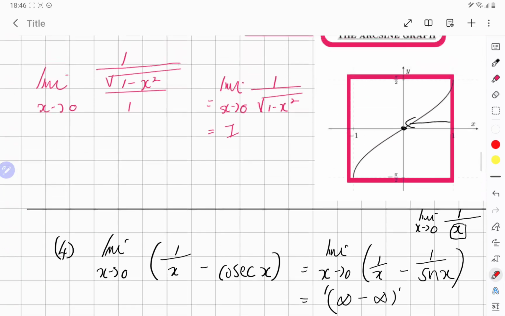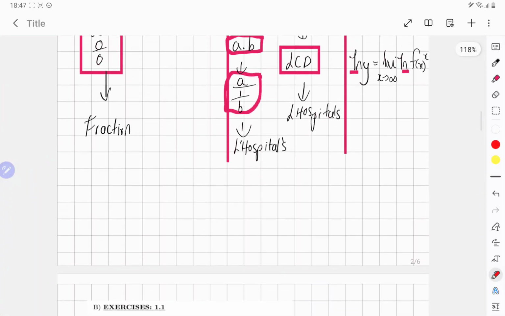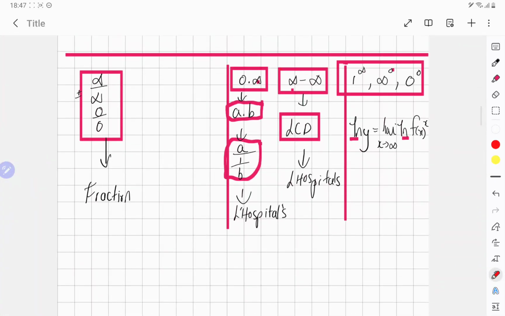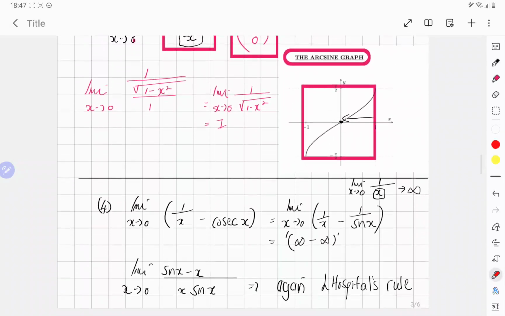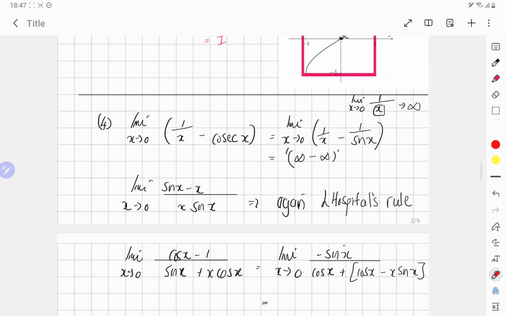What should I do? Now let's recap. We said if we have infinity minus infinity, we will get an LCD. So what is our LCD here? It's x sine x, so you times the first fraction by sine, the second fraction by x.